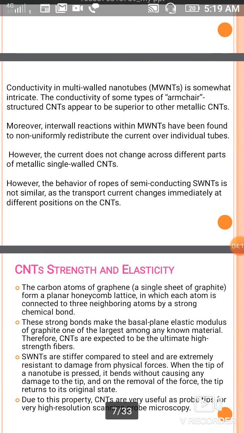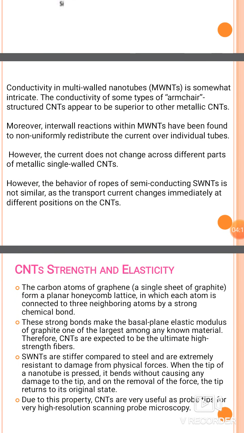And conductivity in multi-walled nanotubes is somewhat intricate. The conductivity of some types of armchair structure CNTs appears to be superior to other metallic CNTs. That means the multi-wall nanotube case is too complicated.